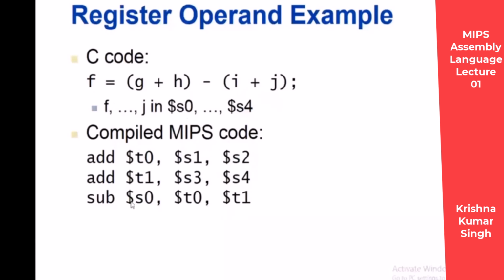Now assume that $s0 corresponds to the F variable. There is a separate instruction to write the result back into memory. But as you can see, inside the arithmetic instruction we can only use registers. You cannot use any variable or operand that is a direct memory address.